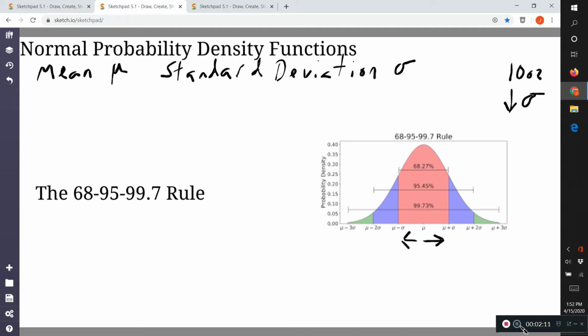Now, the formula is pretty intense, and I'm not expecting you to memorize this formula.